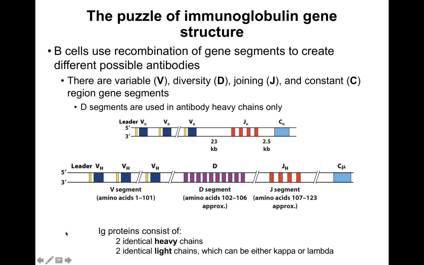For each immunoglobulin, there are 2 heavy chains that are identical and 2 light chains that are identical. The light chains could be kappa or lambda though, and they're more often kappa, but they can be lambda if the kappa ones for a particular B cell are not functional.